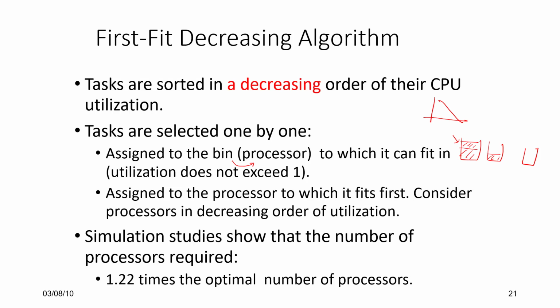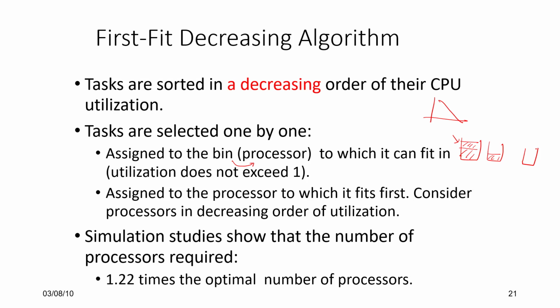So if we go this way, where we try to keep filling, and our order of priority is these filled bins, we look at the cumulative utilization of a bin or a processor and proceed in decreasing order of utilization.